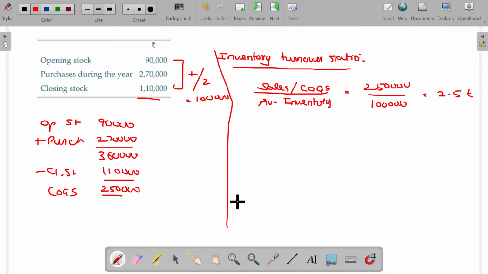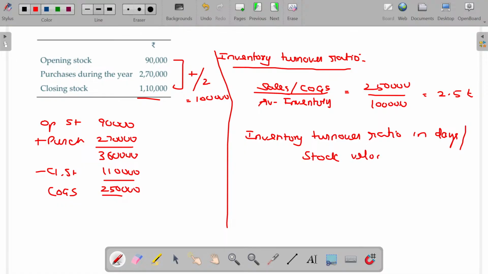Otherwise, you can calculate inventory turnover ratio in days, or simply stock velocity.